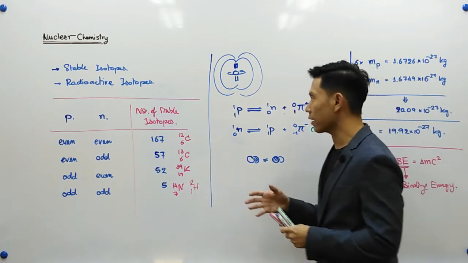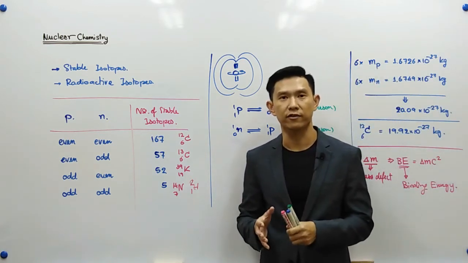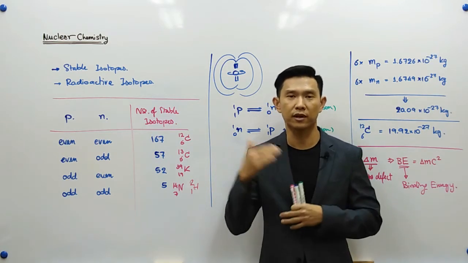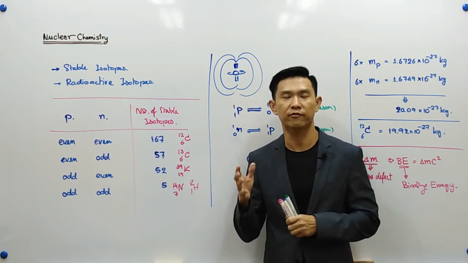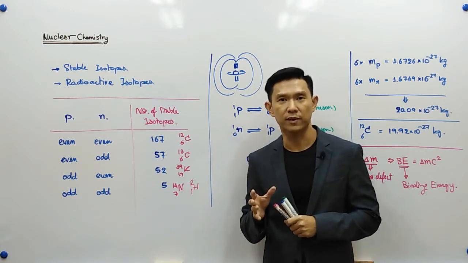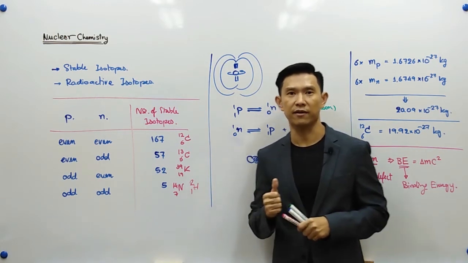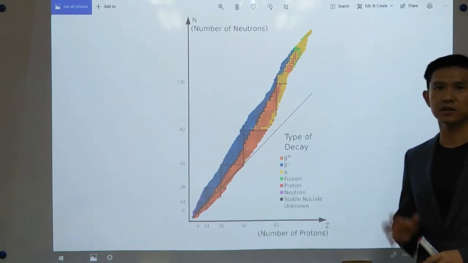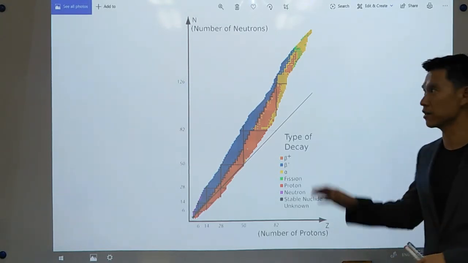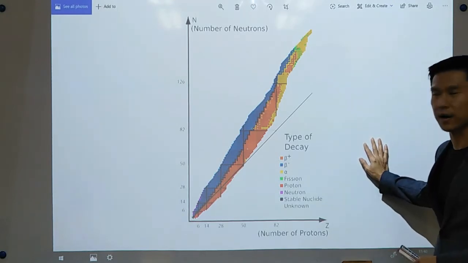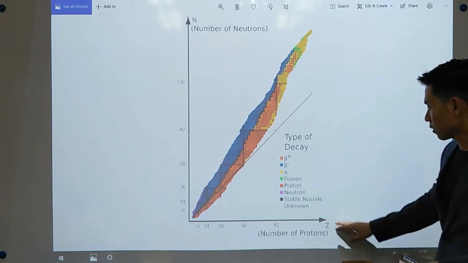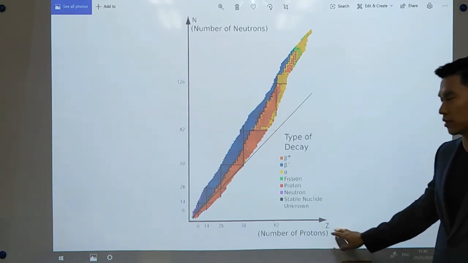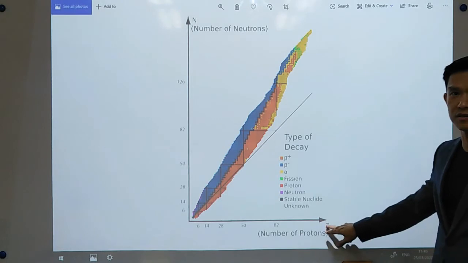Now, if I want to plot a graph of stable isotopes showing the relationship between proton and neutron, we can have some very important information to show. Okay, let's see the graph. Now if we put every single isotope found in nature into the graph, on the x-axis is the number of protons, or the atomic number Z, right?